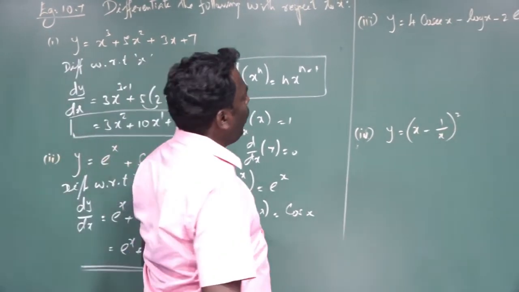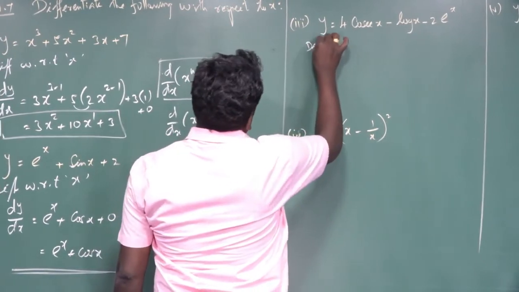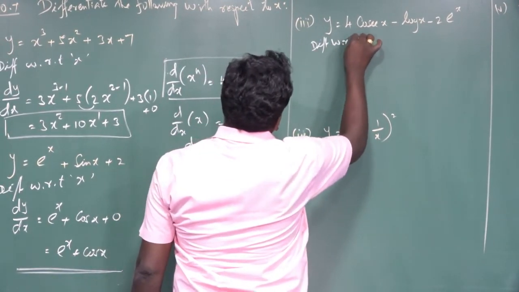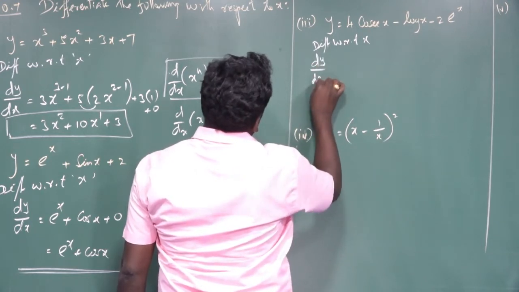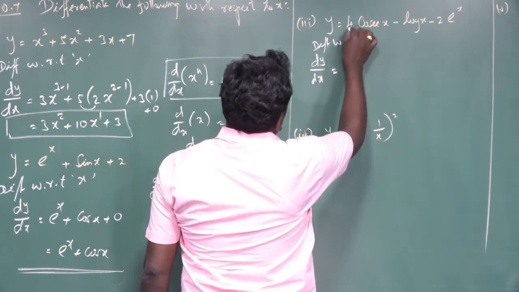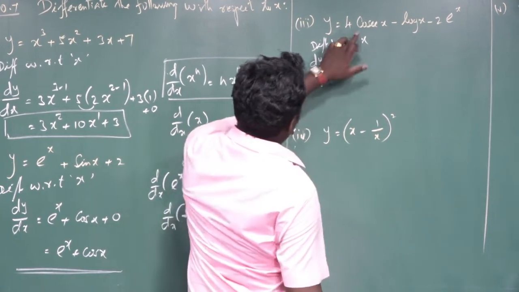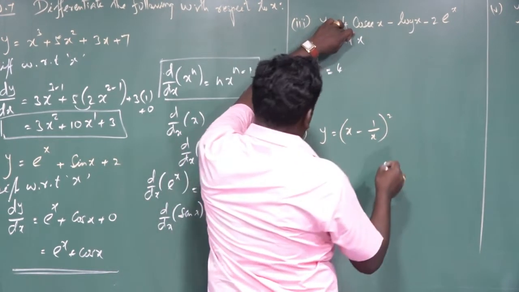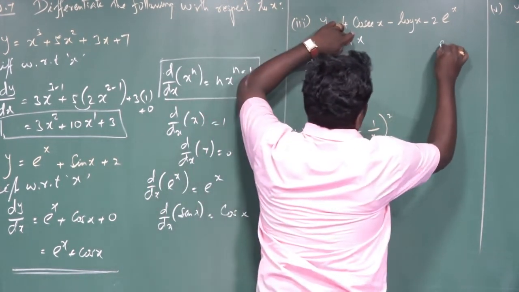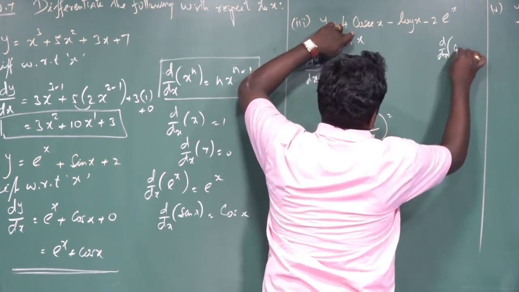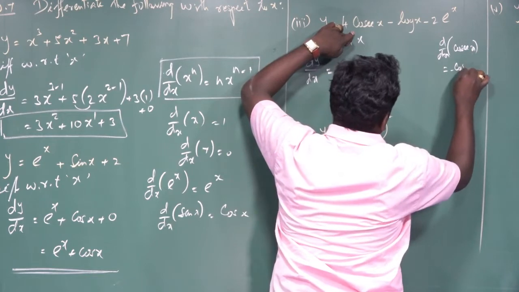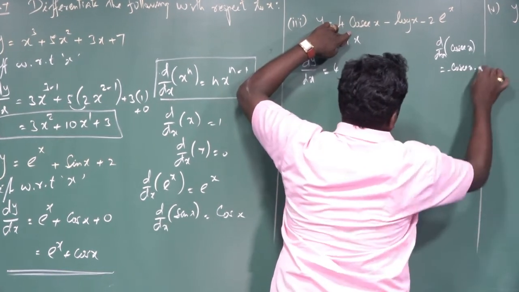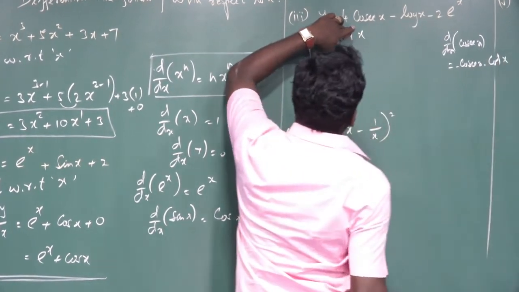And then the third one, again differentiate with respect to x. The y becomes dy by dx, that is equal to differentiate 4 as a constant term, and the differentiation of cosecant. What is the formula for cosecant? d by dx of cosecant x is equal to minus cosecant x into cot x.